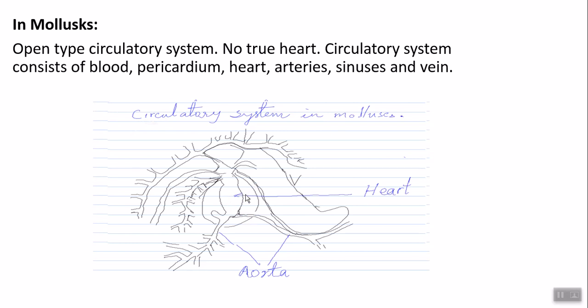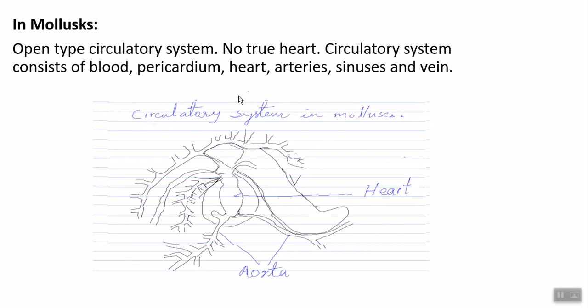We are going to see something somewhat similar to a heart. The pumping of the muscle around this structure helps to pump the blood. So blood goes directly to the tissue and ends there. Look at this, it just opens up into the tissue. Then there are other vessels which collect the blood and bring it back to this place, and that is how the circulation continues.